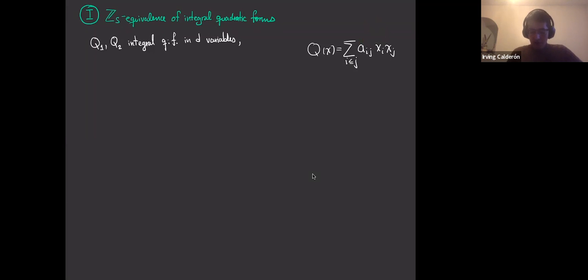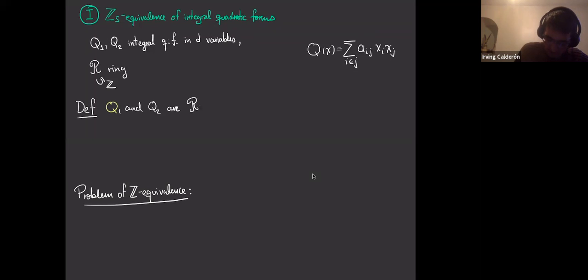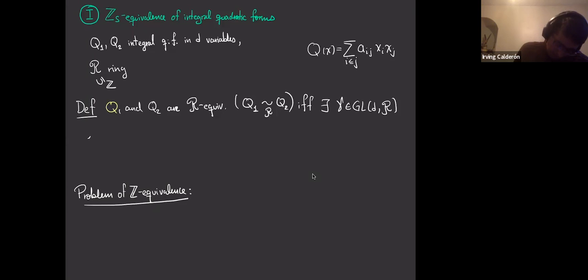Now we'll consider some ring R containing Z, and we'll say that Q1 and Q2 are R equivalent, which I'll denote by Q1 tilde R Q2, if and only if there is a matrix gamma in GL_d(R) that takes Q2 to Q1.